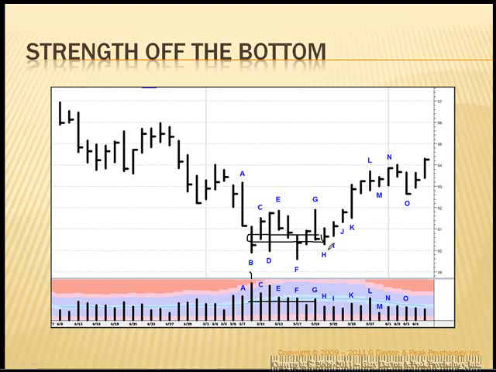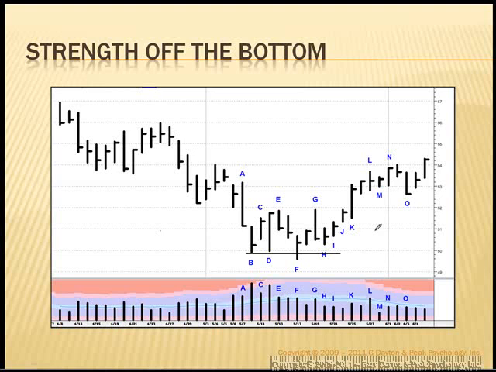What happens now on bar H? Describe this to me. What's happening here and what's the significance? Walter asks, does bottom building require high volume?